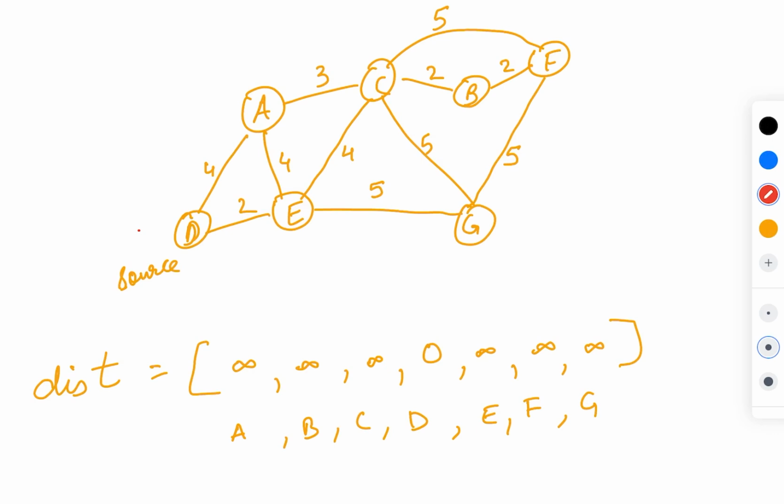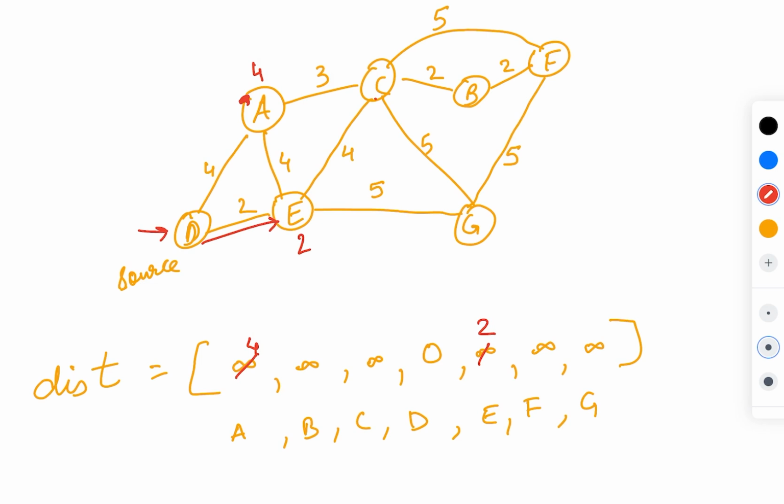Now let me use the next color. Now, setting this to the current vertex, the distance from here to A is 4. So A gets updated to 4. To E is 2. So E gets updated to 2. After this has been updated, so for me from here to reach here is 4, to reach here is 2.